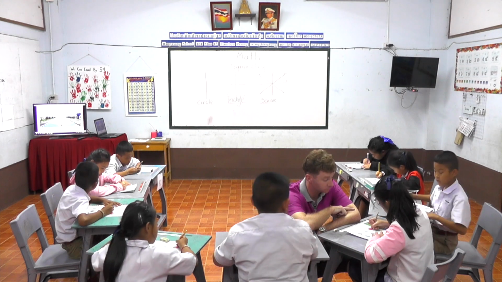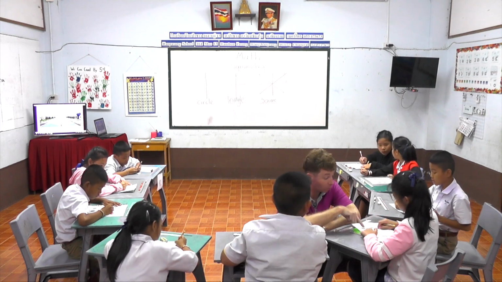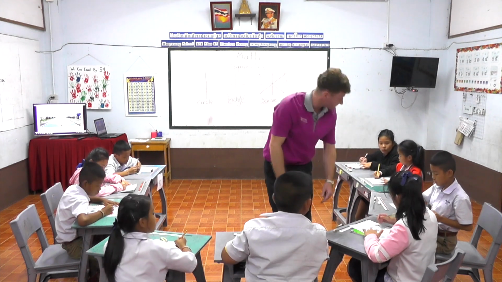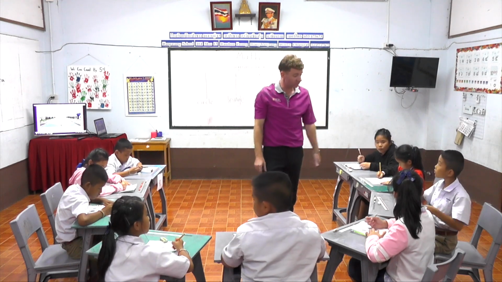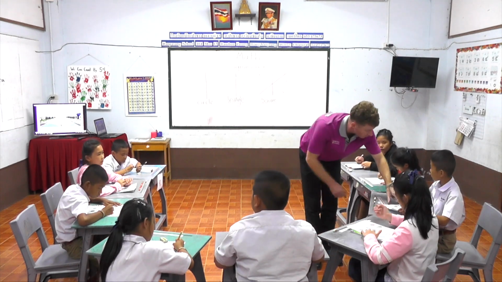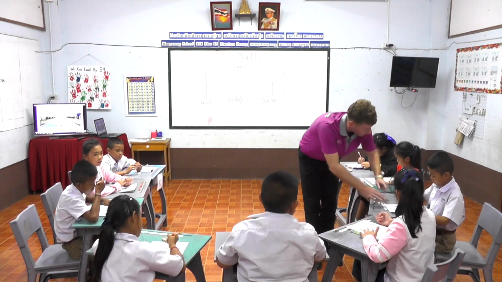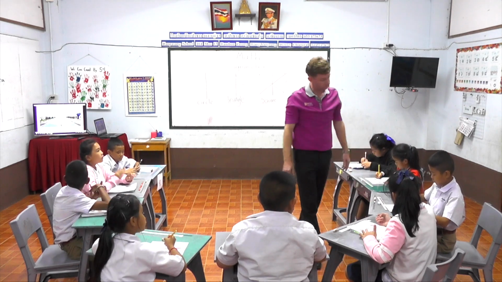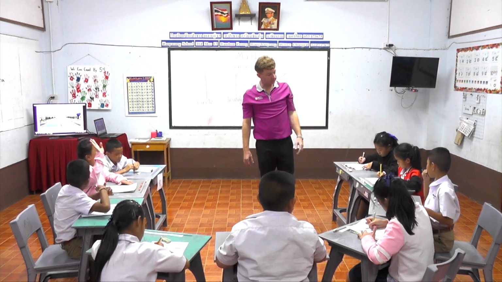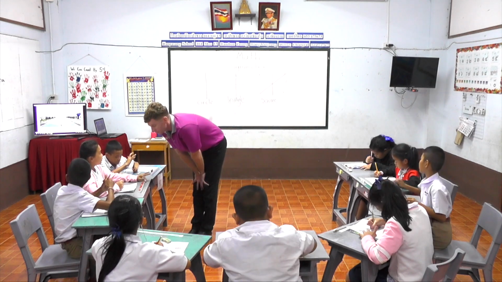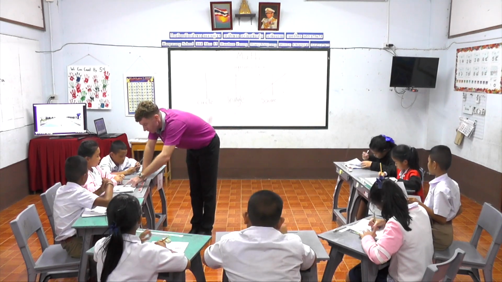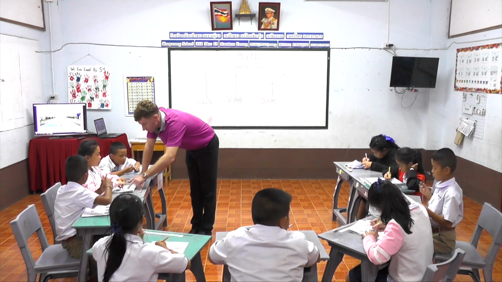One. With the oval. Yes, excellent. See, that's a line of symmetry. Well done. And also, you can get another one going up. So there's two. Well done. Here, and this one.